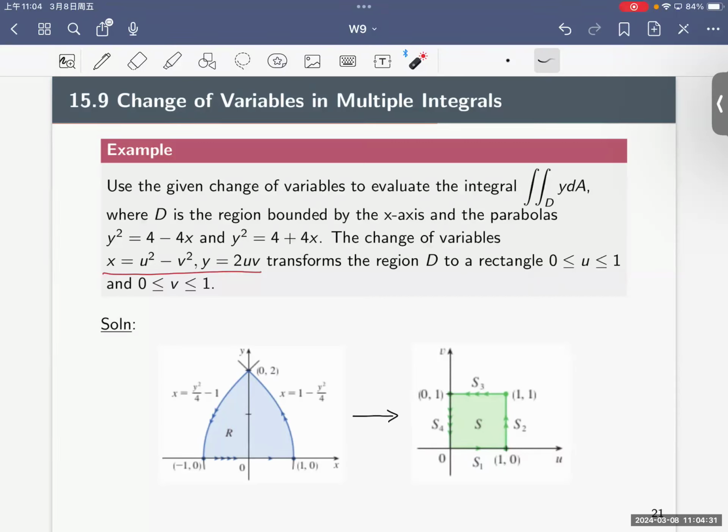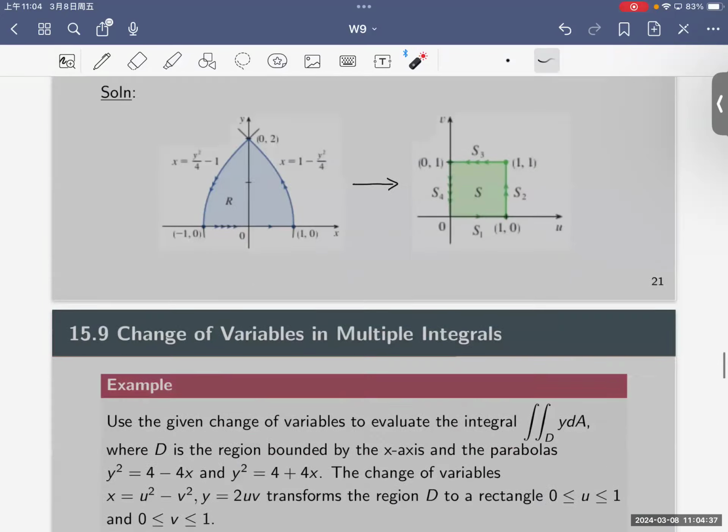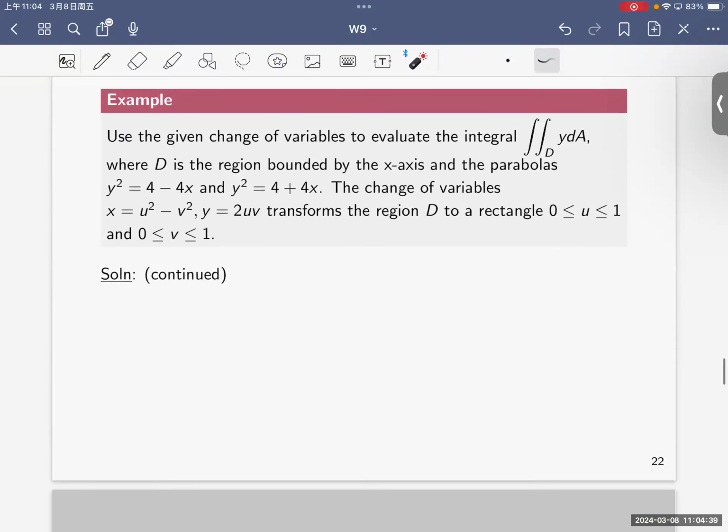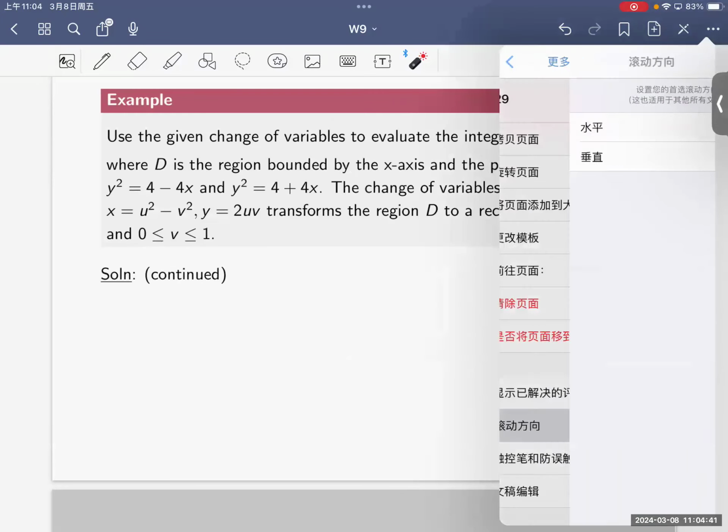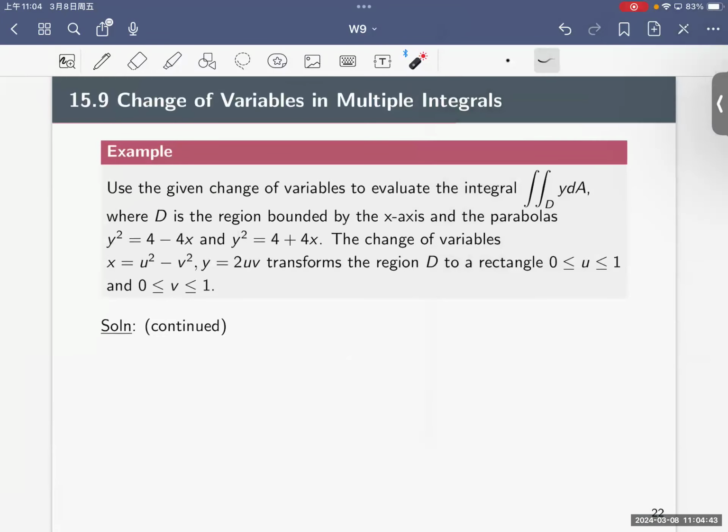It's directly given to you. You don't need to bother to find the new shape of the region. So let's just practice. Rewrite the old double integral to the new double integral in u and v.